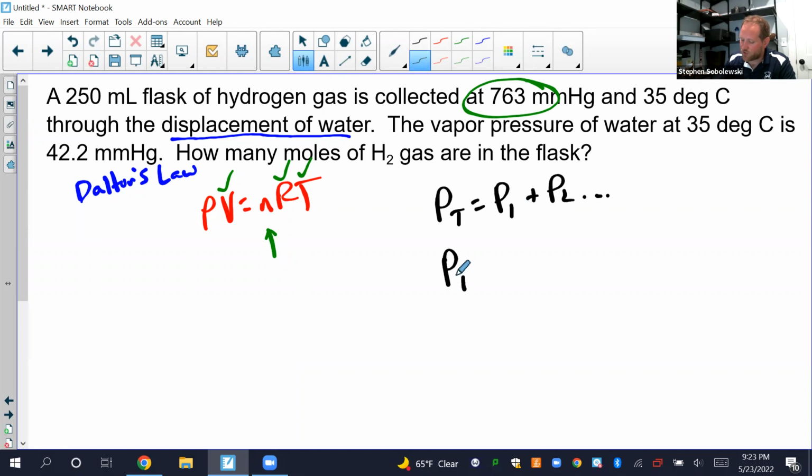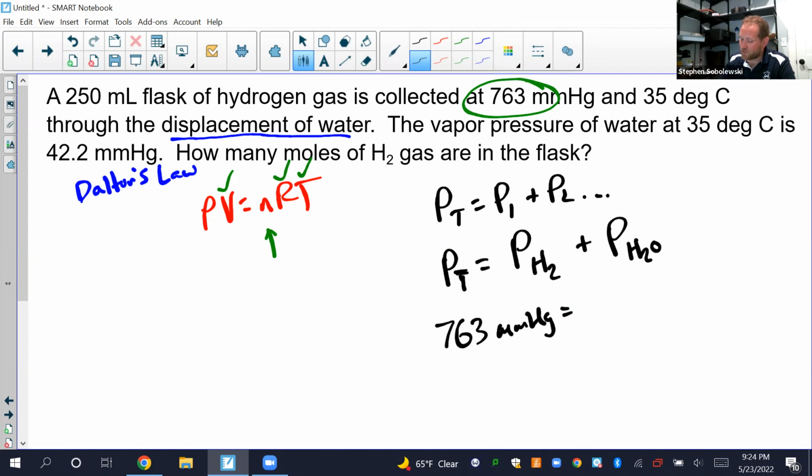Now, in this case, the total pressure is the pressure of the H2 gas, which is what we're looking for, plus the pressure of the H2O gas. Now, that's also given in the problem. So through Dalton's law, we're going to take 763 millimeters mercury. That's going to equal the pressure of H2, plus 42.2 mmHg.